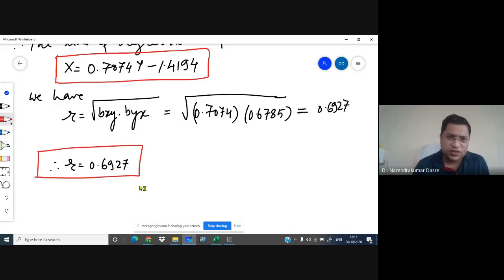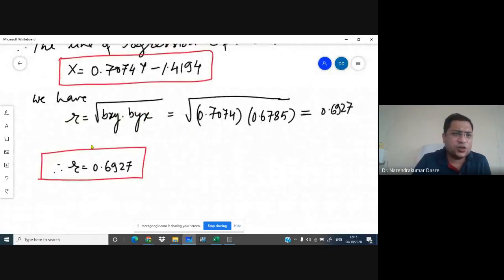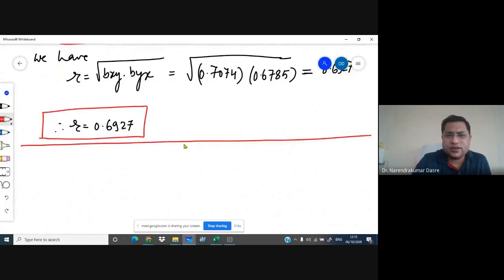Our confidence level is 69% that there is a relation between these two data sets given to you. So that's a good one, that we can claim that there is a relation between these two attributes.